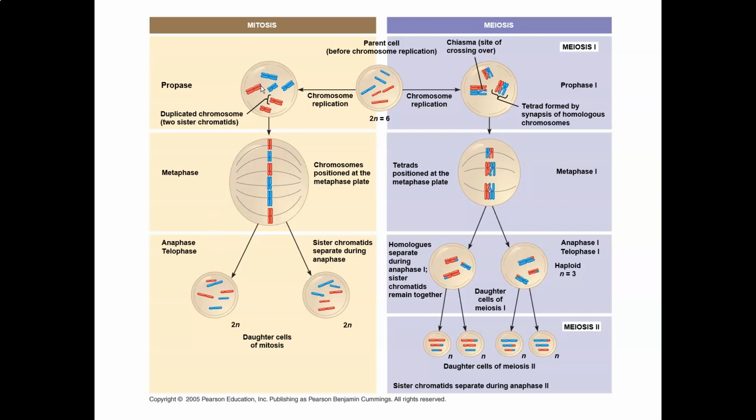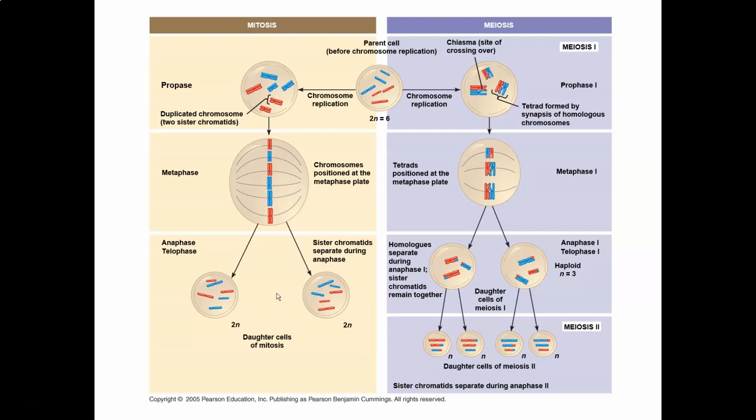Genetically, by that I mean that the DNA in the nucleus of the cell, where the chromosomes are, the genetic material, each new daughter cell gets a complete set, and they are identical to each other and to the original parent cell. So that's why they call it asexual reproduction.